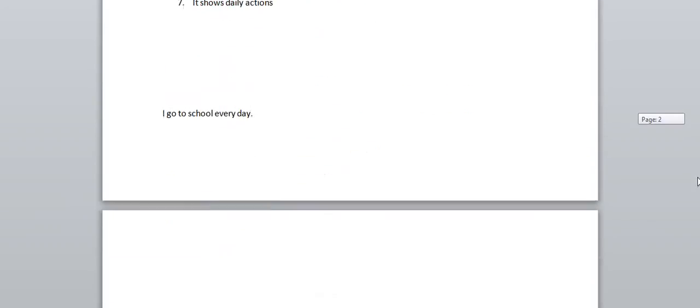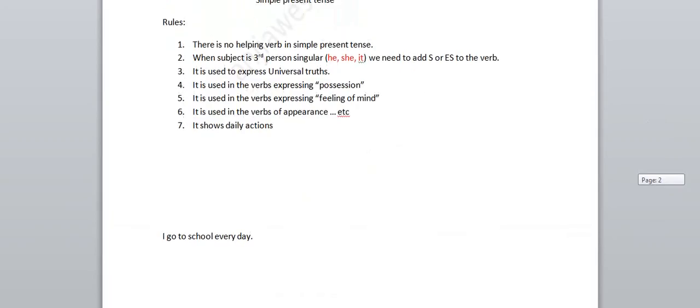Now see, there is one rule in simple present tense: when the subject is third person singular, we need to add s or es to the verb. There is a big topic on when we need to add s and when we need to add es to the verb. There are some rules, which we'll discuss later.